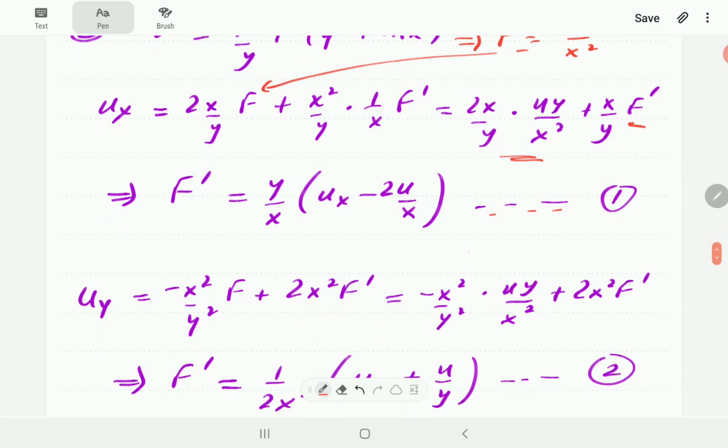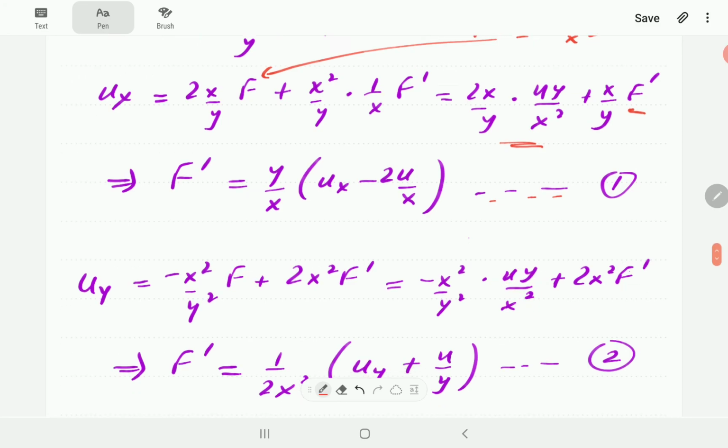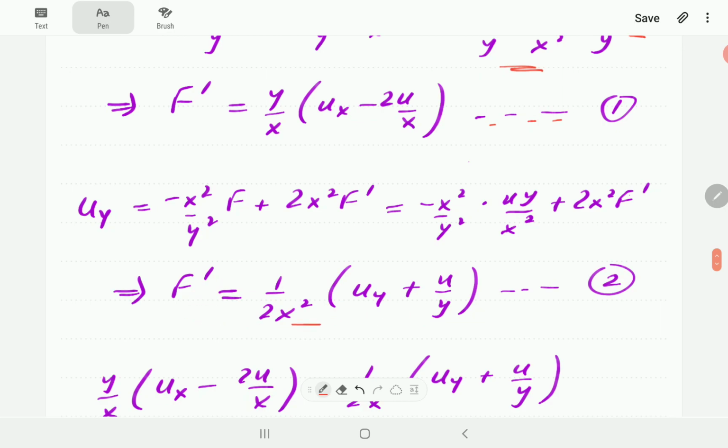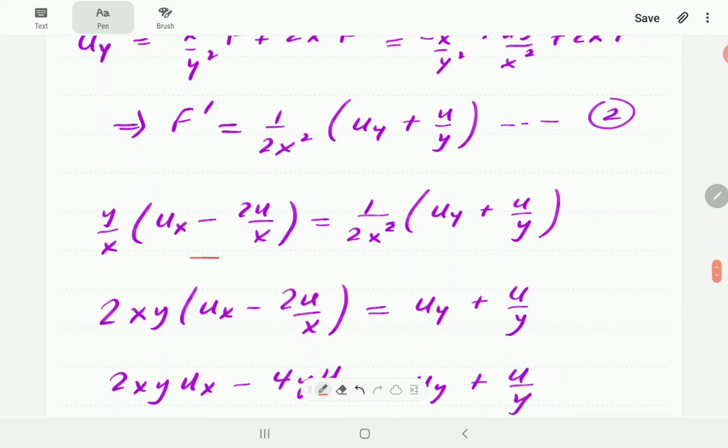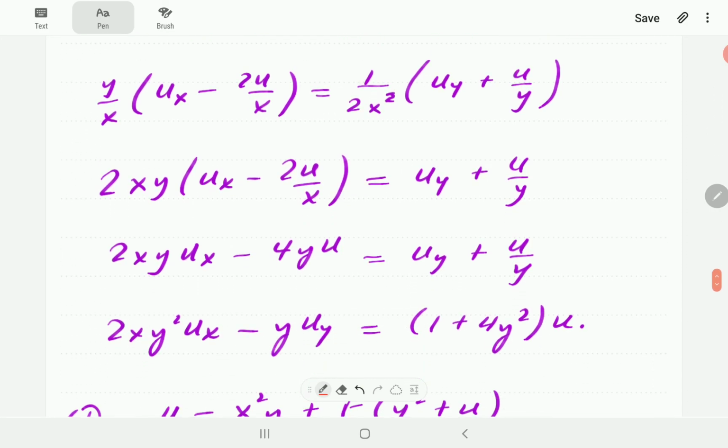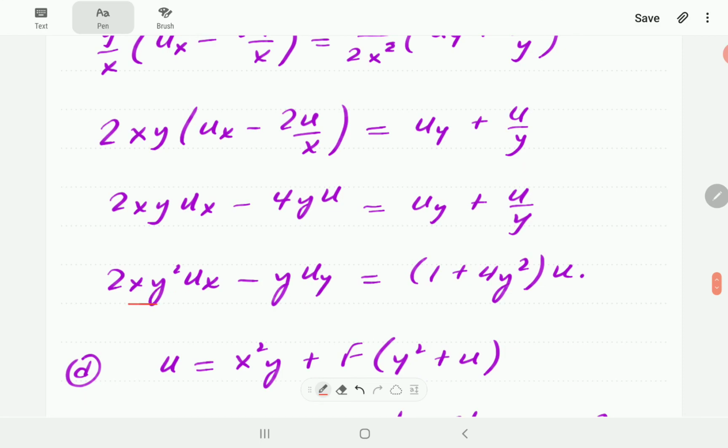Then we plug in uy over x squared in place of f and make f prime the subject of the formula. So then equating equation 1 and 2, that eliminates f here, and then after a bit of algebraic manipulations, we have got our PDE, which is 2xy squared ux minus yuy, and then on the right hand side we've got 1 plus 4y squared times u.